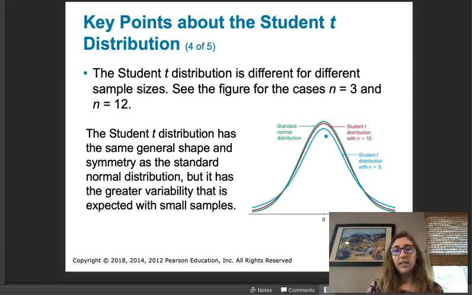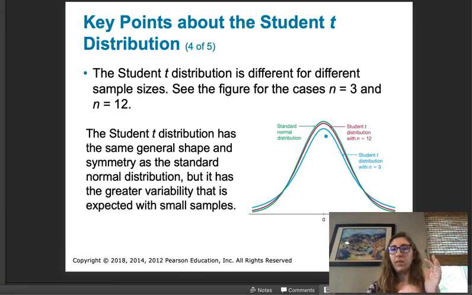But typically in cases involving the mean, the whole point of this chapter is that we don't know anything about the population. We don't know the population mean or the proportion or the standard deviation. We're trying to take a sample and calculate a statistic on that sample and use that to create some sort of interval in which our population parameter fits.